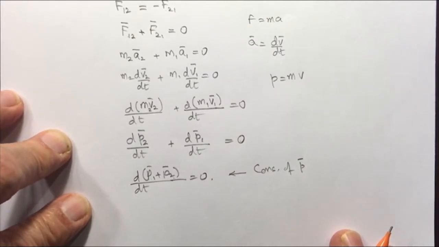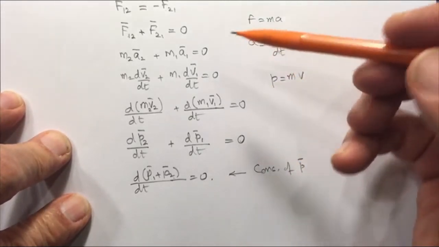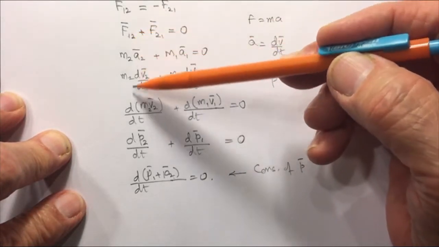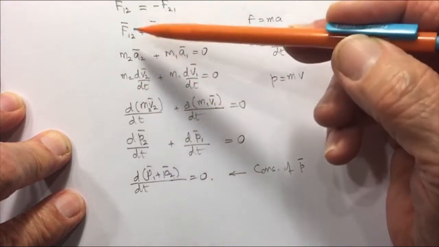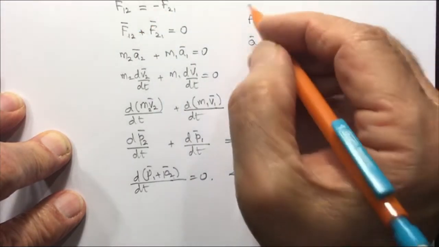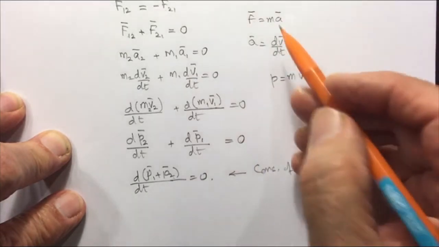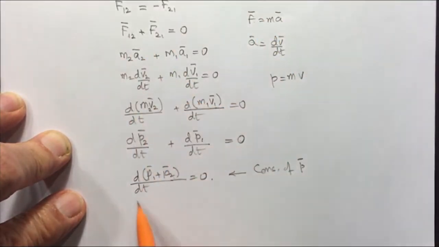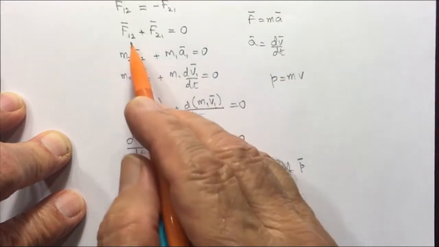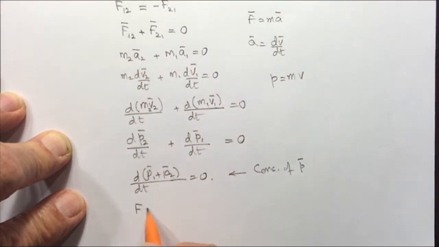Now, another way of looking at what we had here, we start from here, this equation has become this. So instead of writing force as ma, we could also do it from here, but we've already done all of that work, so we can write the force, which is ma, is the same as dp by dt.